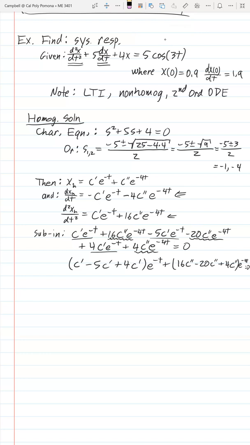And so what can we see? 1 plus a 4 is 5, negative 5. This guy is 0. What do we get here? We can see a 16 plus a 4 is 20 minus 20, and that's equal to 0, just as we expected. Didn't matter how we scaled them.